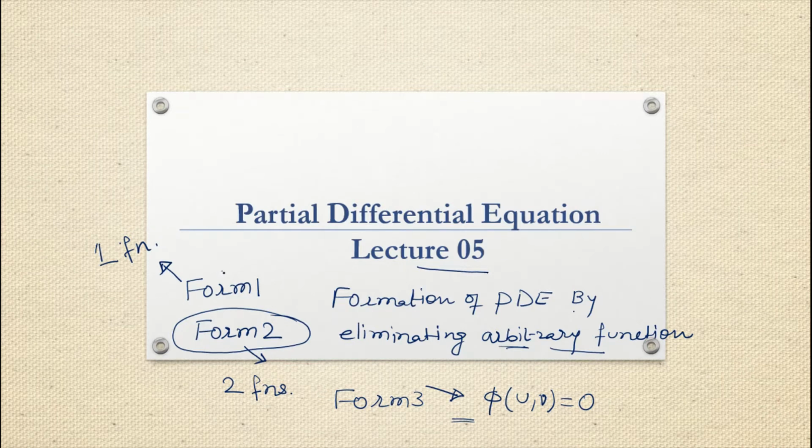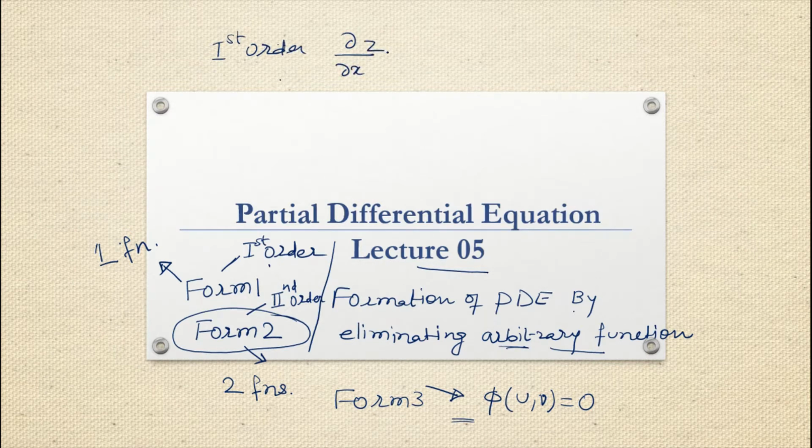In form 1, we were dealing with only first order partial derivatives, and in form 2, we will be going up to second order partial derivatives. Fine? So what are the first order partial derivatives? That is nothing but del by del x of z and del by del y of z. Del by del x of z is p, and del by del y of z is q. So all these things we have covered in last class.